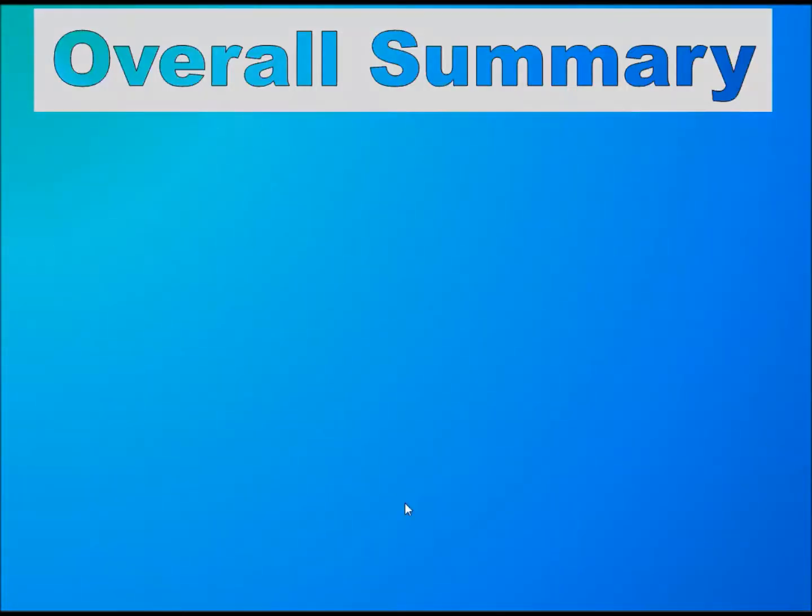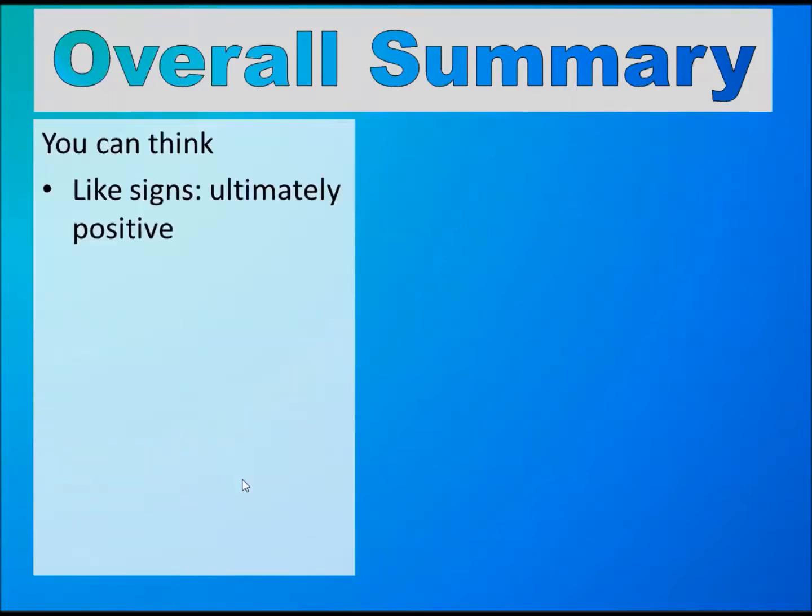So how do I remember these rules when I multiply or divide positive and or negative numbers? One way of thinking is that like signs are ultimately positive answers. For example, positive and positive, so they both have the plus sign before them, will result in an answer that is positive.